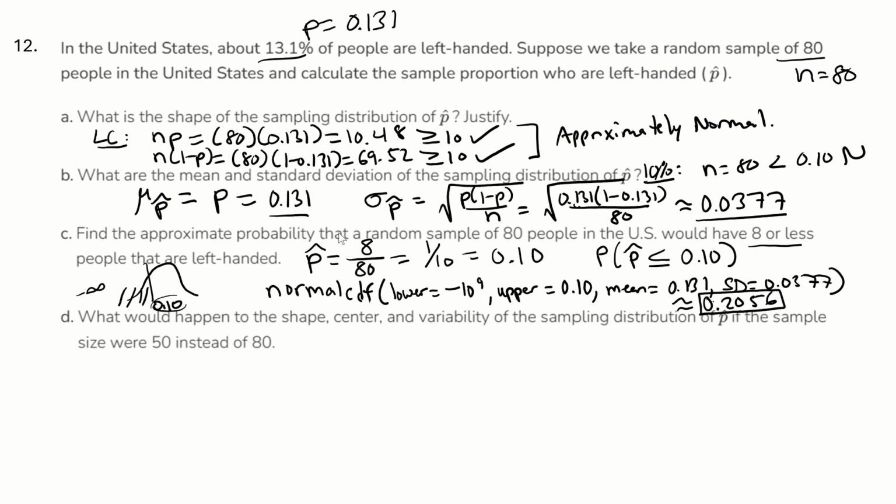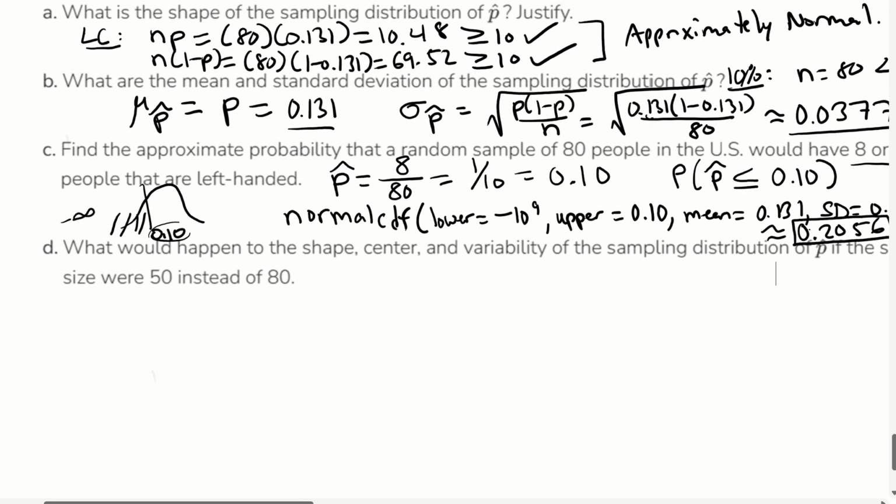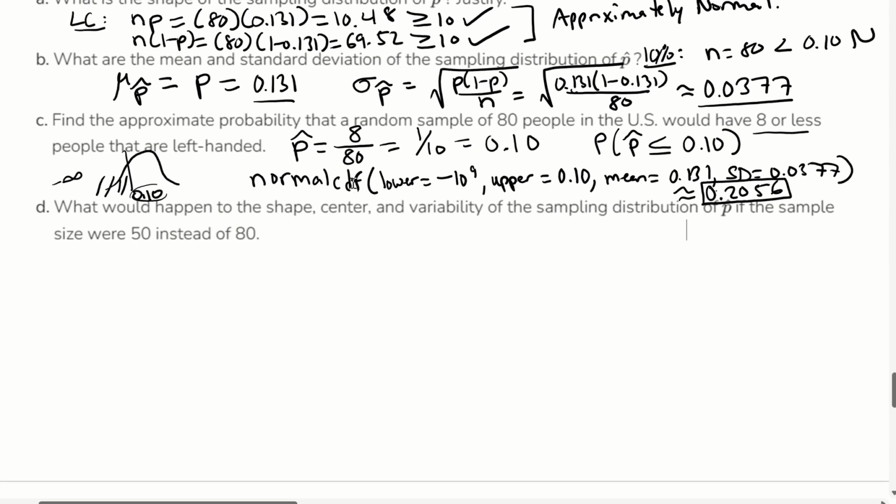But I think the way the question led you, it led you to say the shape is normal, so you can use normal CDF. But if you decided to use binomial, you would still be correct. You just have to make sure that you do it correctly. You get 0.2637.